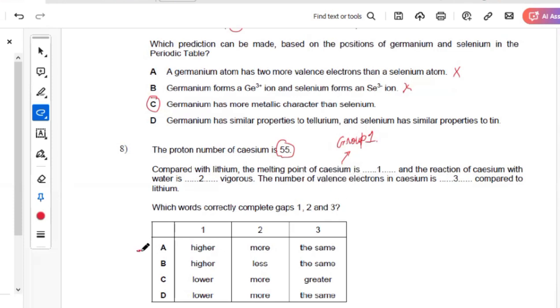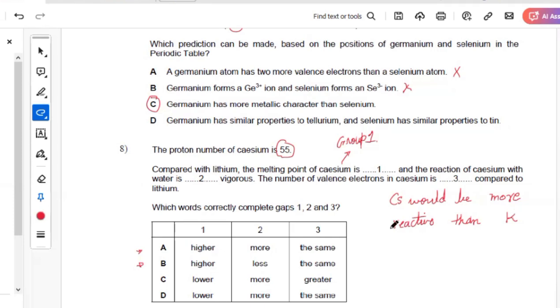So the option can be this one and can be this one. And the reaction of potassium with water is less vigorous, because we have seen that reactivity increases down the group. So cesium would be more reactive than potassium, and the reason is that cesium is present down the group.